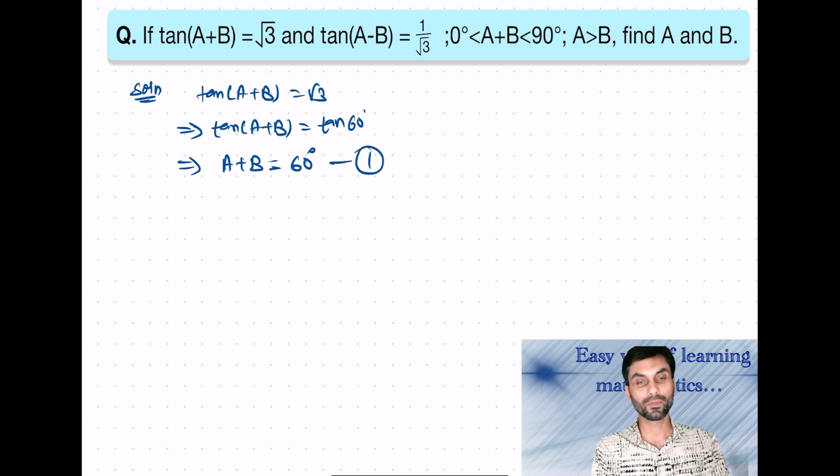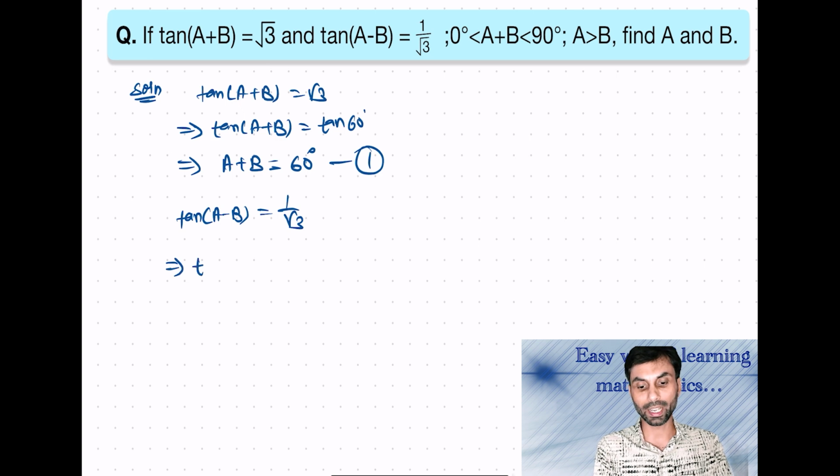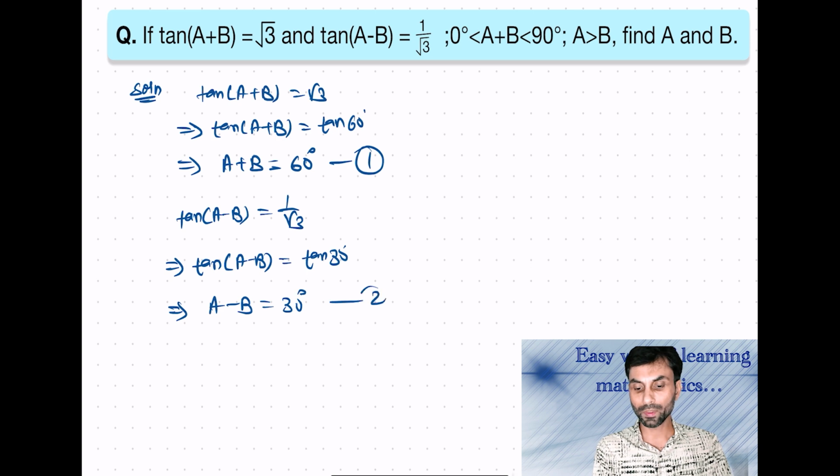That is the first equation. Similarly, when we take tan of angle A minus B, which is 1 upon root 3, we can write it as tan of A minus B equals to tan of 30 degree, which will be A minus B equals to 30 degree. Now this is equation 2.